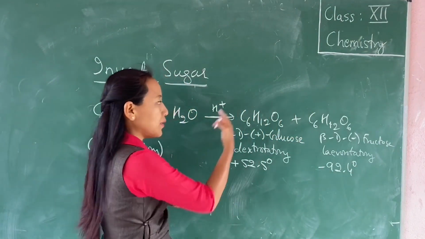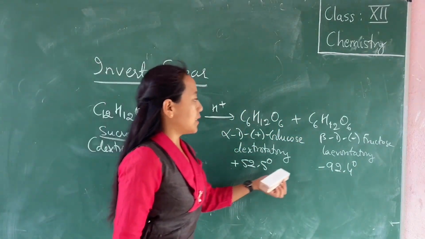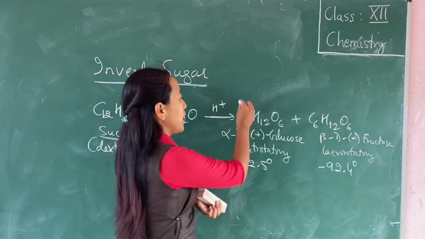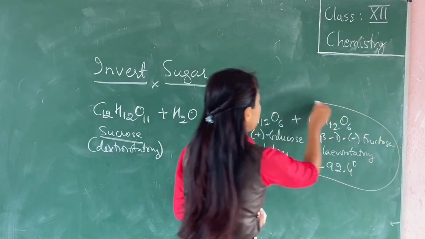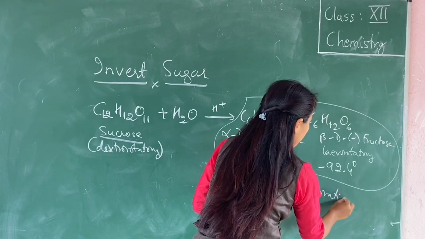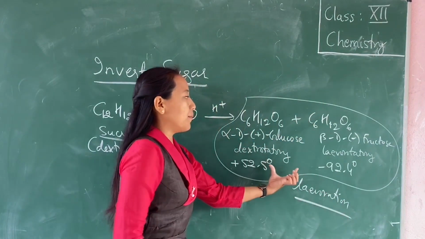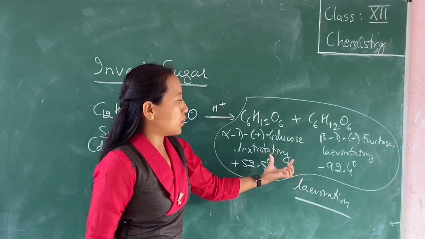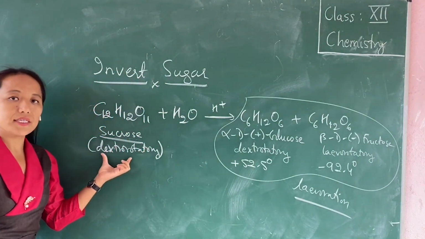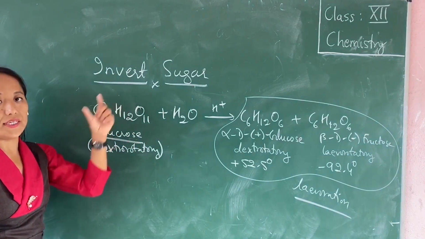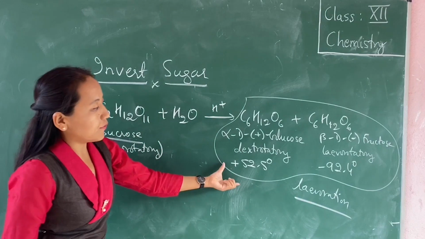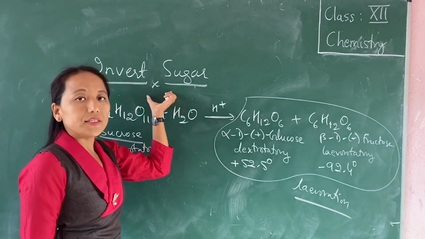When you calculate the overall rotation, the levorotation is more compared to the dextrorotation. Therefore, as a whole, it becomes levorotatory. So such mixtures or products which have a change in the rotation from the reactant are called invert. There's an inversion in the sign of rotation. So this kind of product formed is called invert sugar.